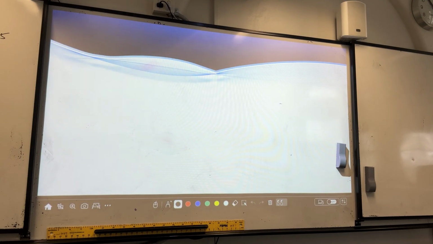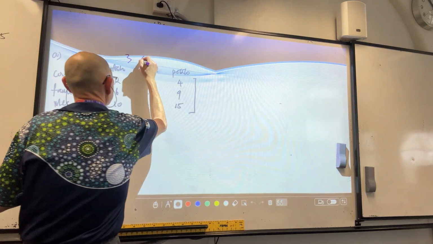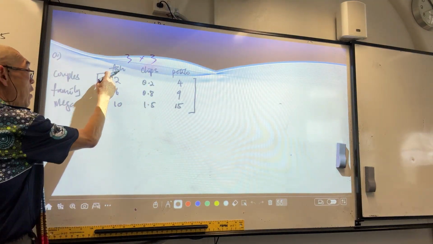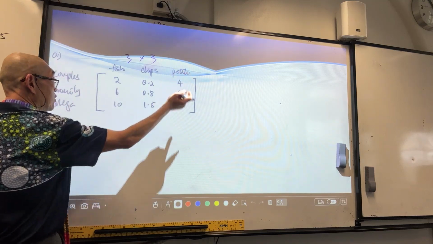So, you know that this is a 3 by 3. When you multiply, you want results where you can work out the total number of fish, chips, and potato. Correct? The end result is fish, chips, and potato, the total number.